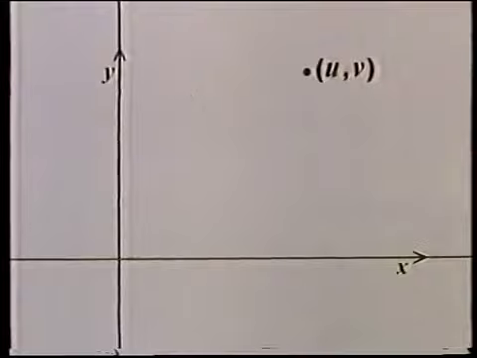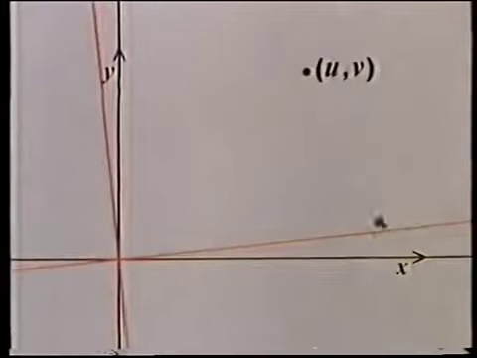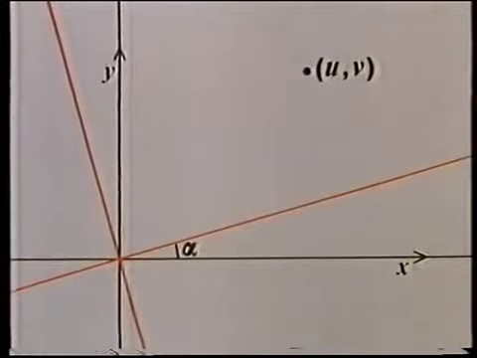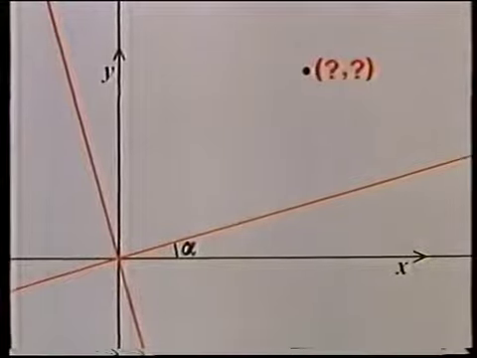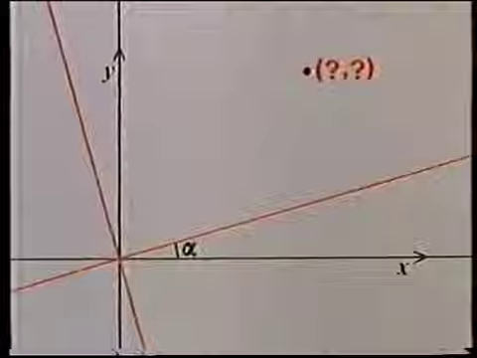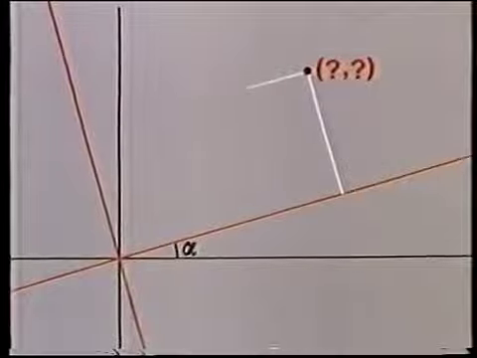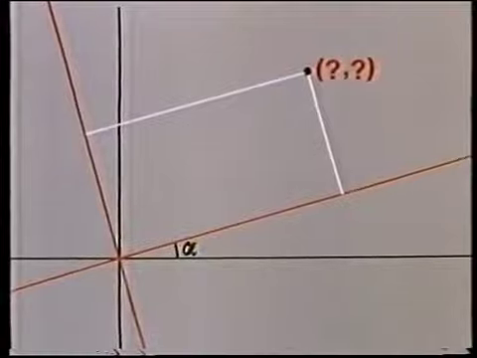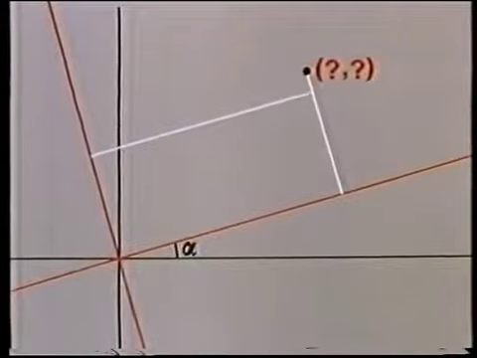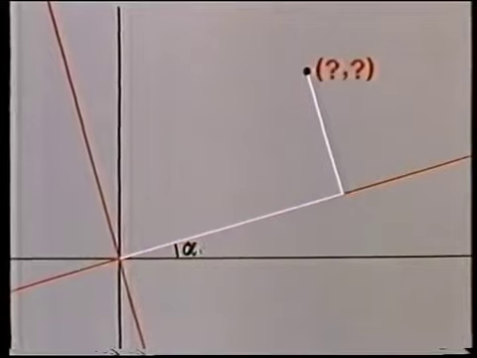Consider the point in the xy plane with coordinates u, v. But we want to change these axes. What are the coordinates of the point with respect to these rotated axes? We need to find two lengths. The first coordinate is just the length along the new x-axis.